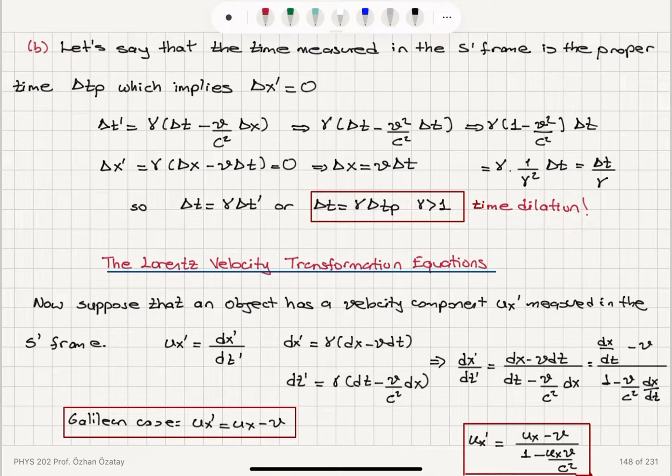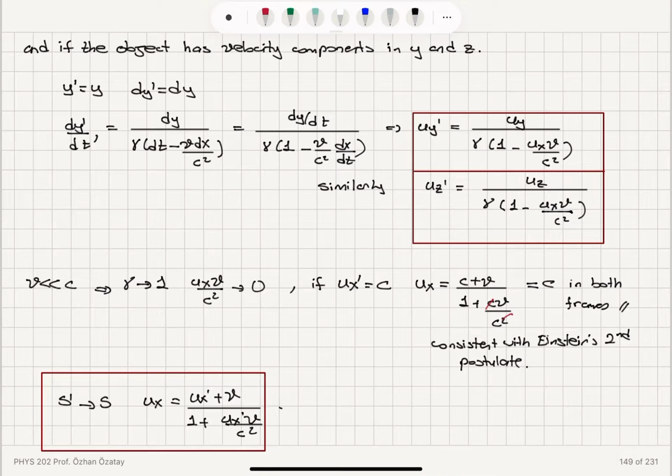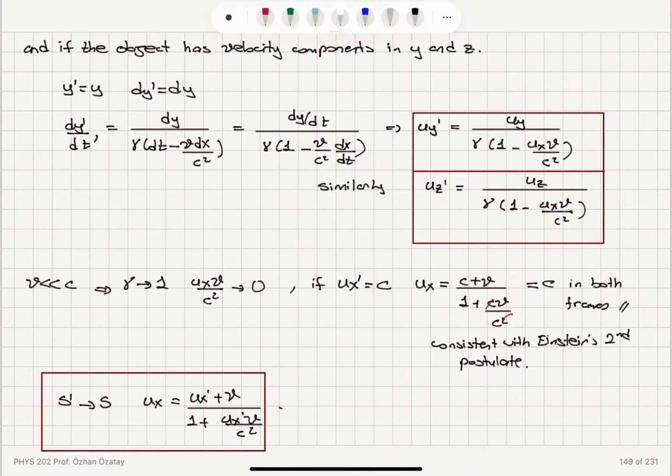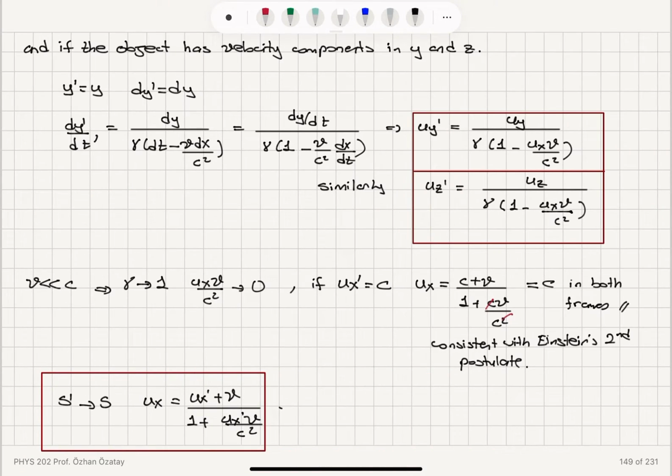So this would be unprimed, this would be primed, and instead of ux minus v we would have ux prime plus v, so that would become c plus v, and then 1 minus ux v over c squared will become 1 plus cv over c squared. You can see that this is c plus v over 1 plus v over c, which is c. So the speed of light measured in both reference frames is the same, which is consistent with Einstein's second postulate of constancy of the speed of light.